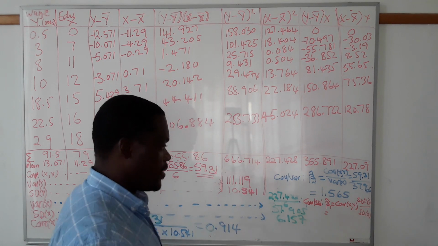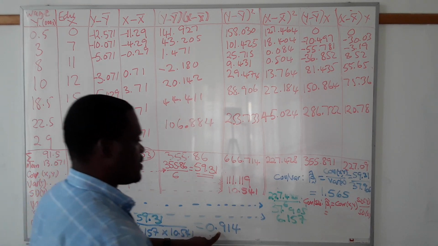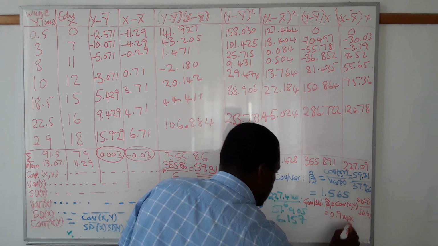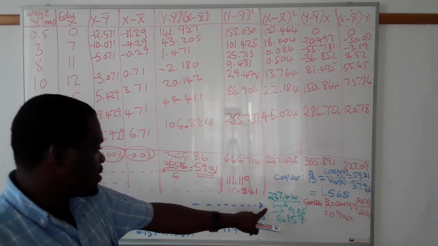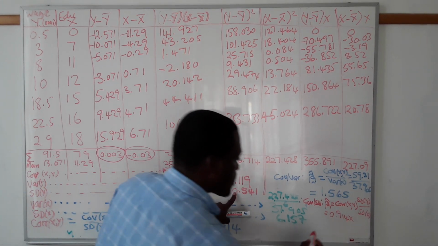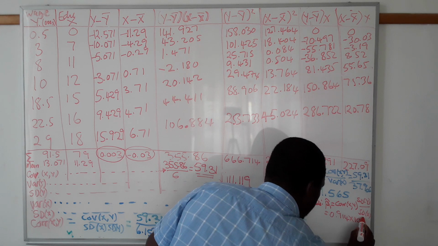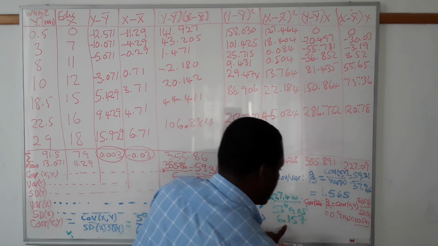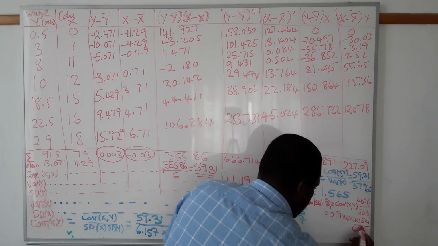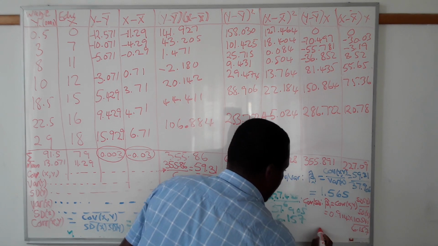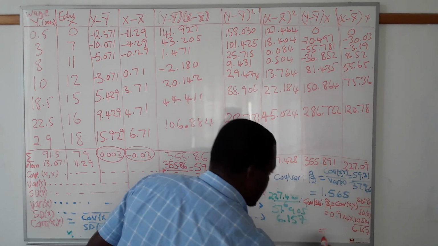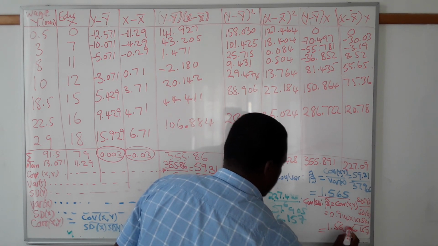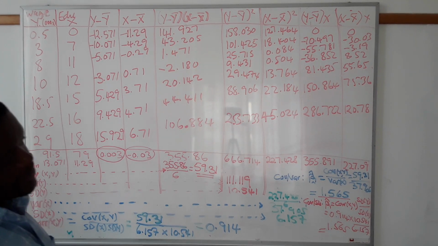This should be equal to, our correlation is here, 0.914 times standard deviation of y, which is 10.541, over standard deviation of x, which is 6.157. I can assure you that if you calculate that, you will get this number here, 1.565. You see that?